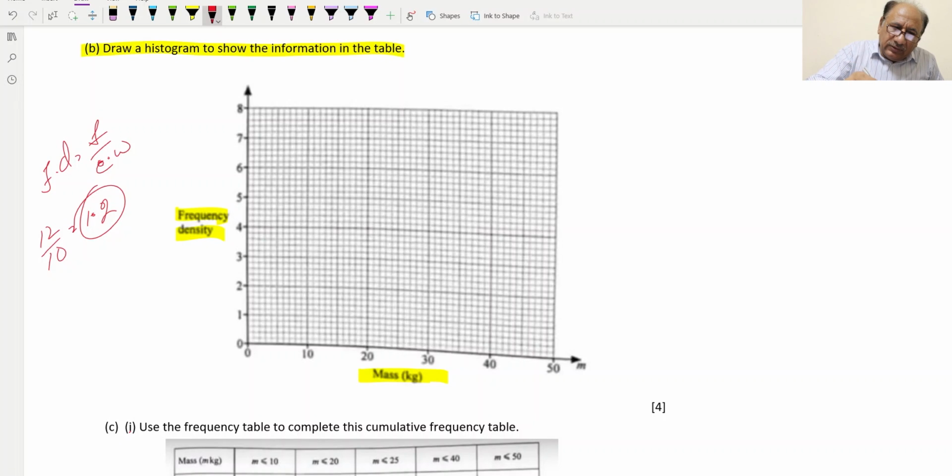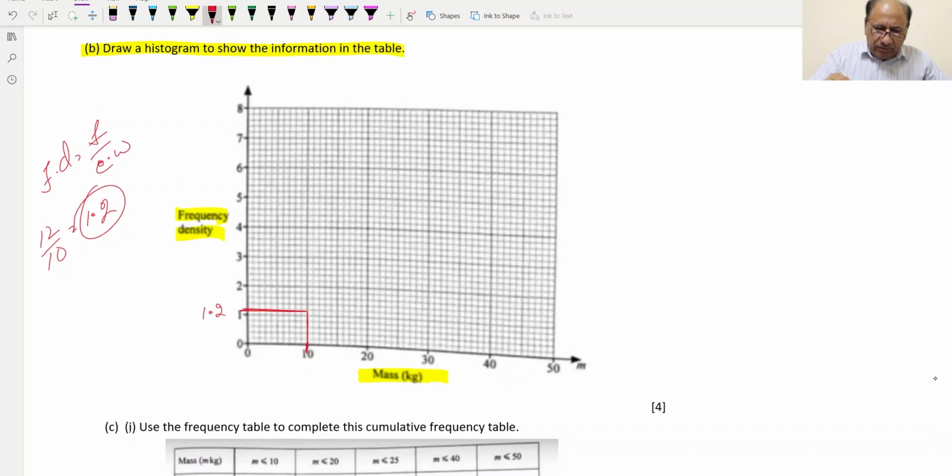So if we check this height, each small box is 0.2 units. So up to this one will be 1.2, and we will be taking 10 on the range side, and we can draw the histogram, and that will be this line up to this mark.